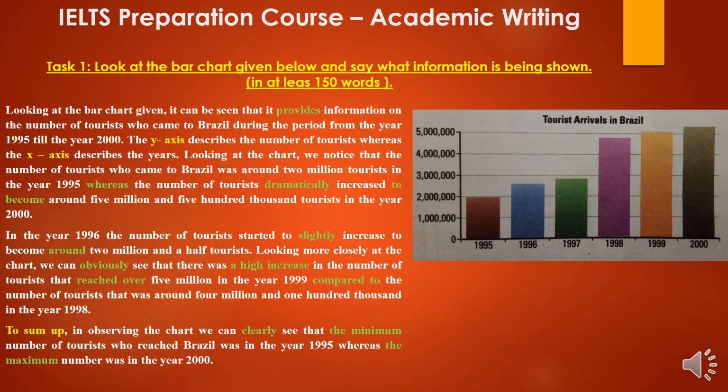To sum up, in observing the chart, we can clearly see that the minimum number of tourists who reached Brazil was in the year 1995, whereas the maximum number was in the year 2000.